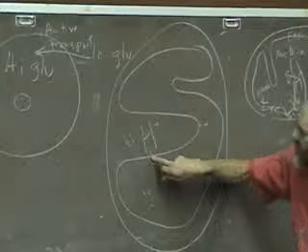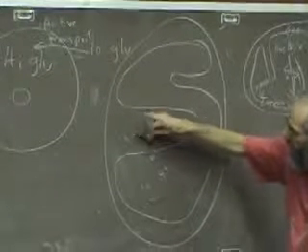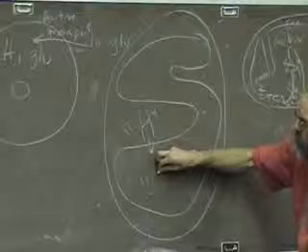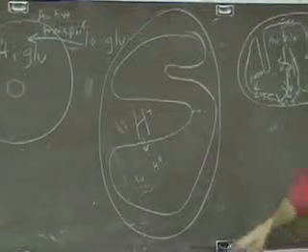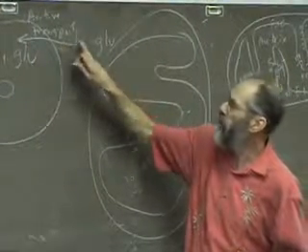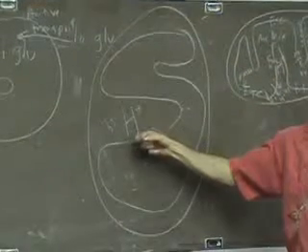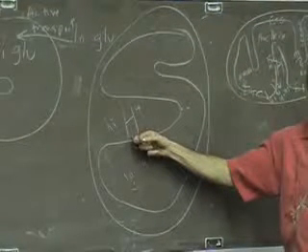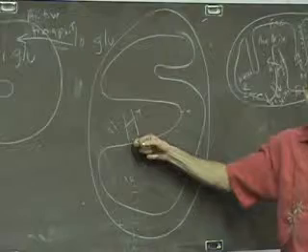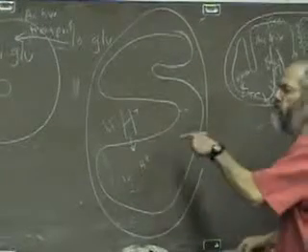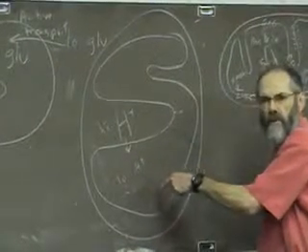ATP synthase. And we go from high now to low and make ATP, instead of using ATP to go from low to high. What are we going to call this? Not passive transport, not facilitated. This is the reverse of active transport.